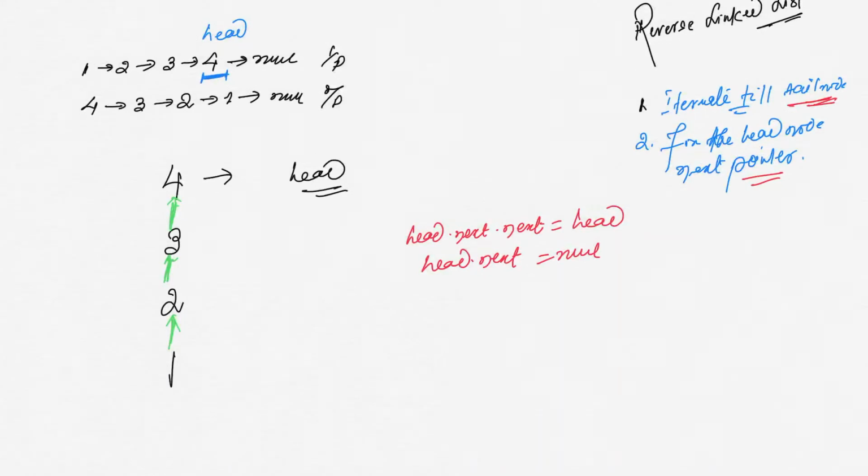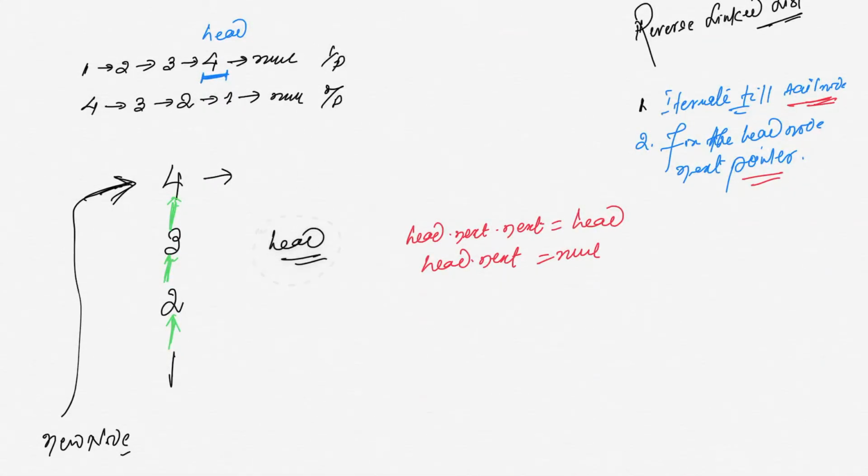Next, in the recursion call, it moves back and we say head dot next dot next. So head dot next is 4, so 4 is going to point back here, and head dot next we make null.